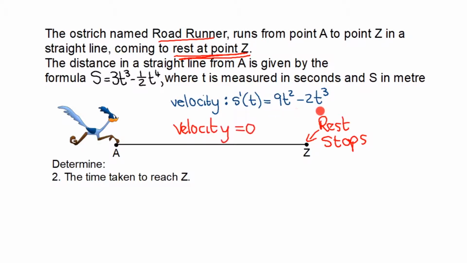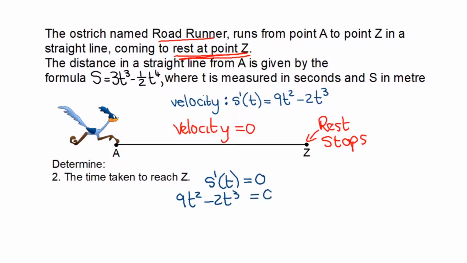But in our previous question, we said velocity is described by this formula that we have used in the previous question. So I can just say the velocity must be equal to 0. So the velocity, which is 9t squared minus 2t to the power 3, must be equal to 0.